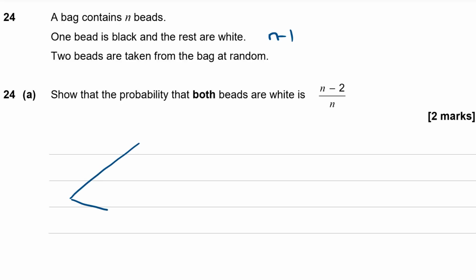So at the first selection, it's either going to be white or it's not white. So the probability it's going to be white is n minus 1 white beads over n beads. And then obviously it's going to be 1 over n chance it's not white.